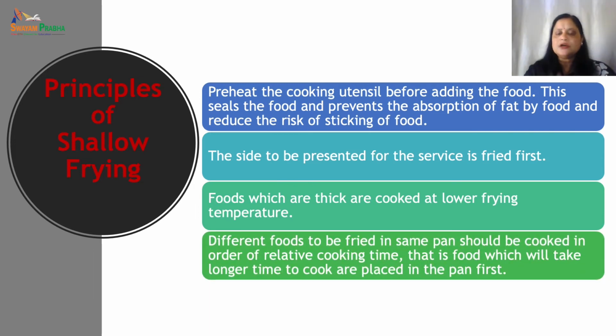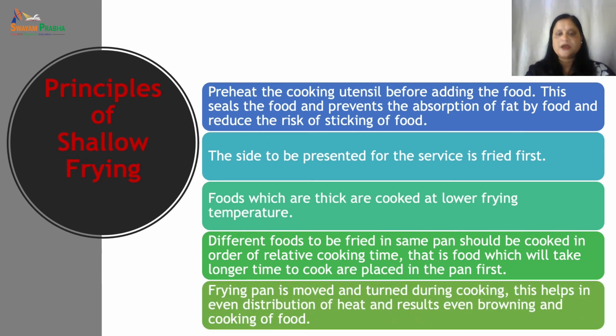Different foods to be fried in the same pan should be cooked in order of relative cooking time, that is, foods which take longer to cook are placed in the pan first. The frying pan is moved and turned during cooking. This helps in even distribution of heat and results in even browning and cooking of food.